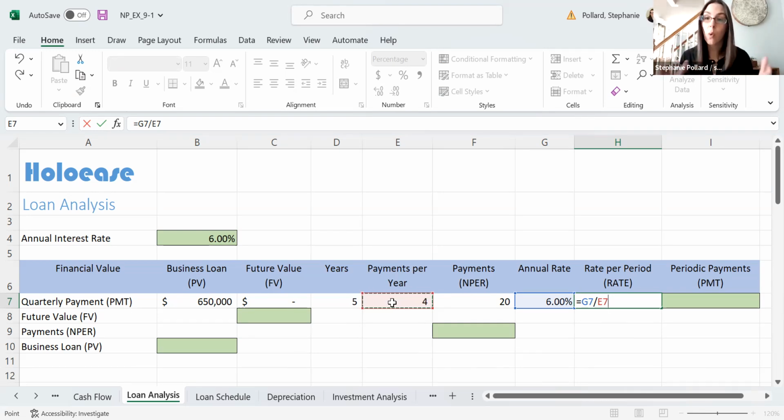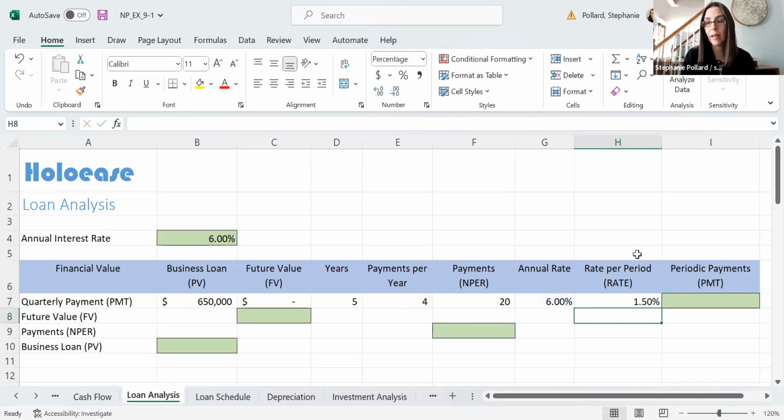So here, because it's quarterly, our periods are quarters, right? So they would be every 3 months. If our loan was monthly payments, then our period would be 1 month. So the period could be any particular breakdown. It depends on how many payments we're making a year. So we're going to divide that by that 4 value. And you can see the rate per period is 1.5%.